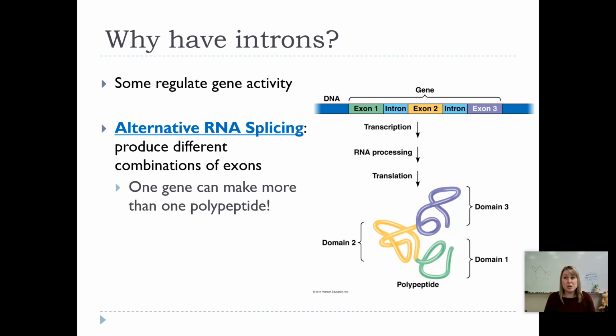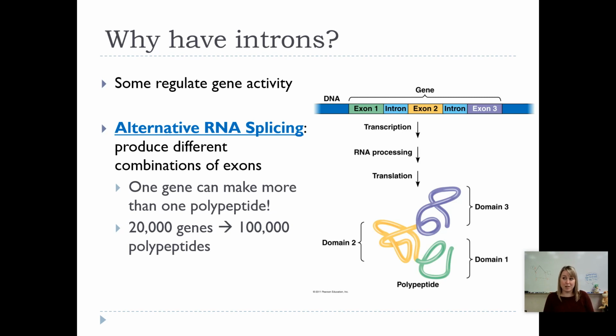That means not only does one gene code for a polypeptide chain, it can code for more than one, which means that we have a lot of genes, but we can make even more polypeptides, which gives us a huge library of proteins that we can make.